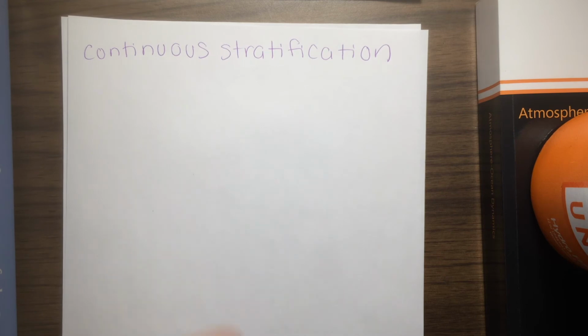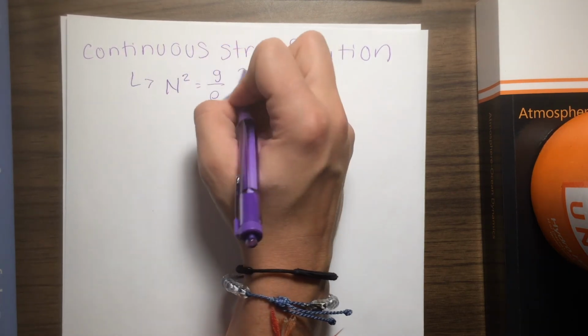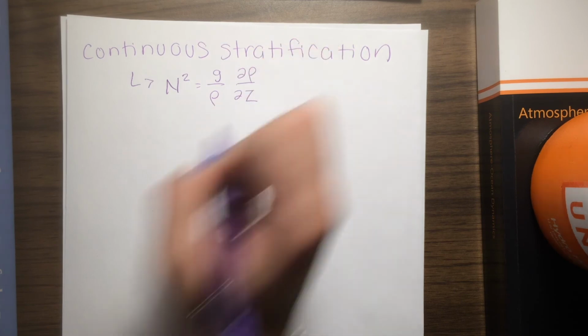In the case of continuous stratification, density change with depth is constant, and therefore N squared is constant.